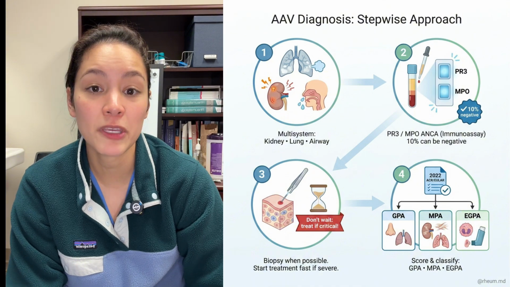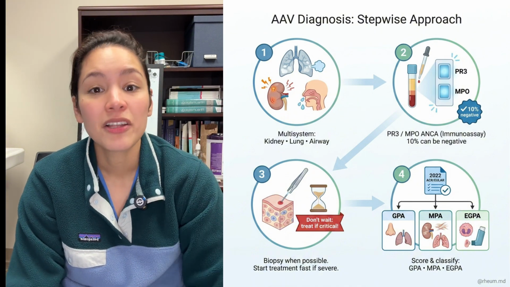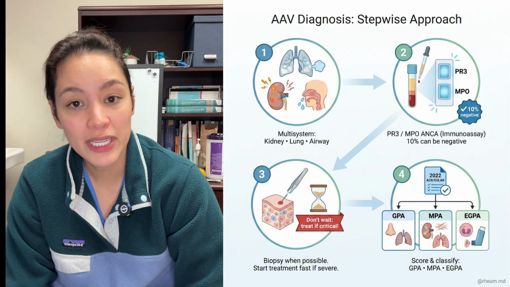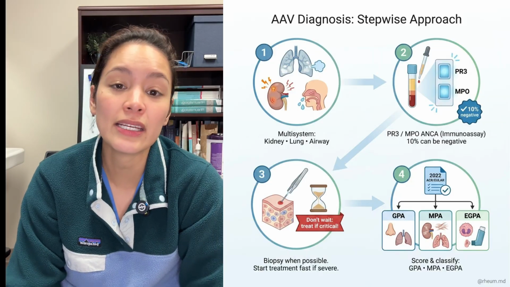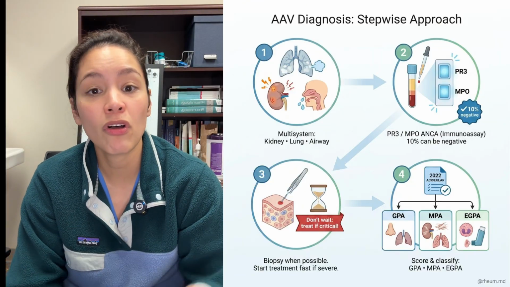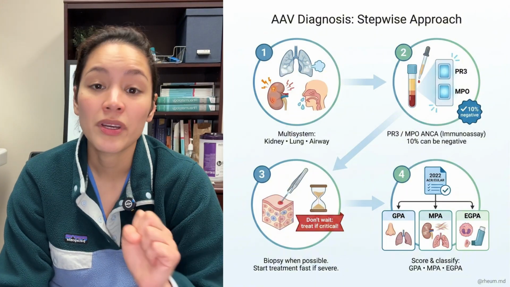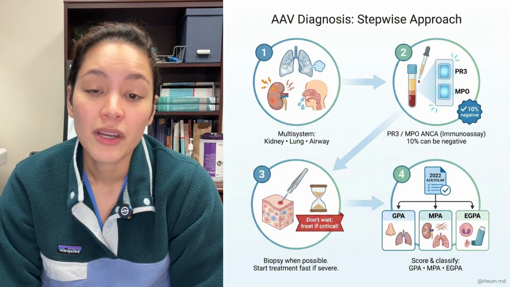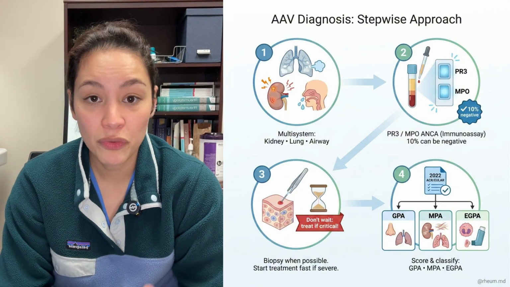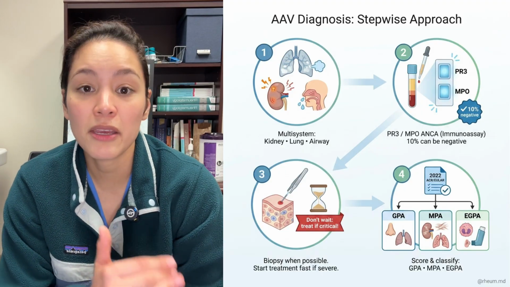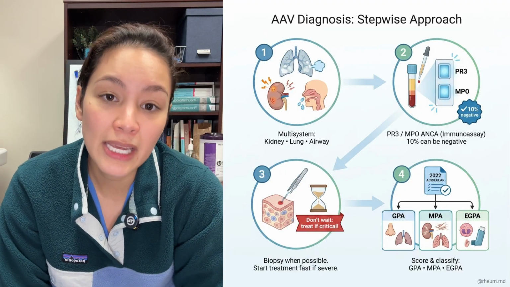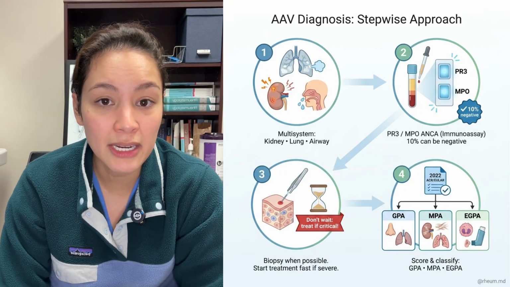So let's recap the approach. Step 1, look for signs and symptoms suggestive of small vessel vasculitis, usually kidney involvement, lung involvement, and upper airway involvement. Step 2, send ANCA serology. Remember to send for PR3 ANCA or MPO ANCA immunoassays, but remember that 10% of patients will be seronegative.